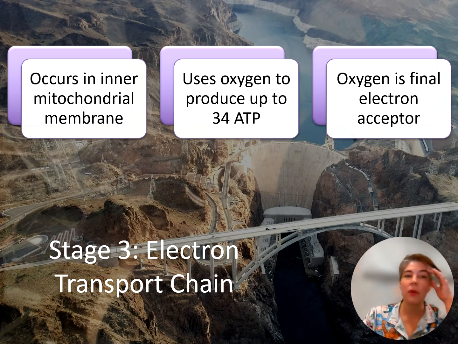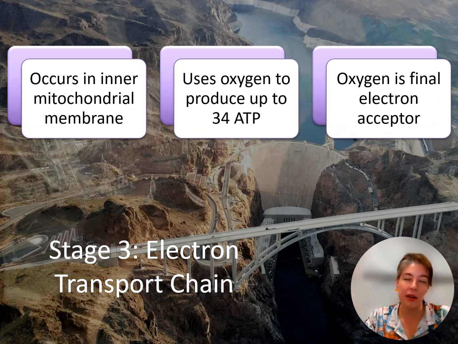So what this means is that in aerobic respiration with oxygen, the electron transport chain, the ETC, is the step that produces the majority of your ATP. All the other steps before this, they're not producing a lot. This is where your ETC becomes your big ATP factory.